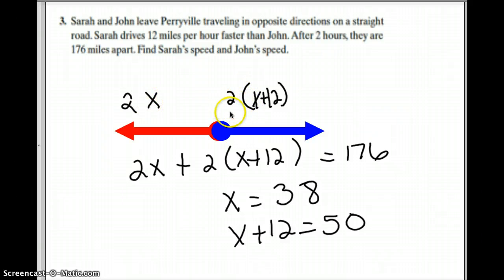John travels for 2 hours, okay, and he is 12 miles per hour faster, so X plus 12. Add them together, we get the 176 for our distance. Distance 1 plus distance 2 equals the 176. Distribute, combine like terms. We solve for X, which is 38. If we then find the faster speed, it is 50, because we need to add 12.